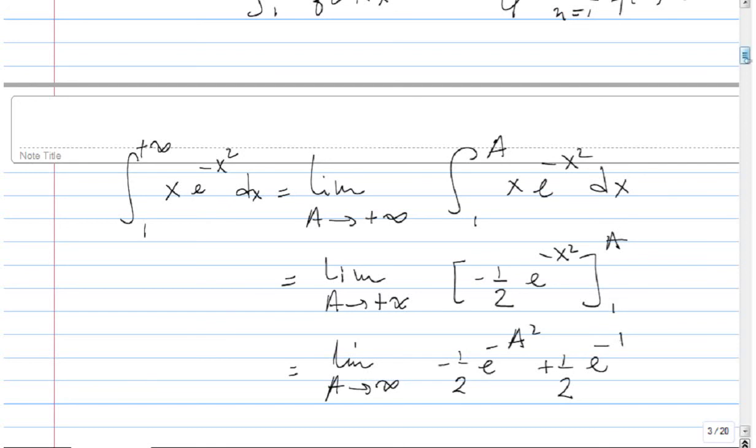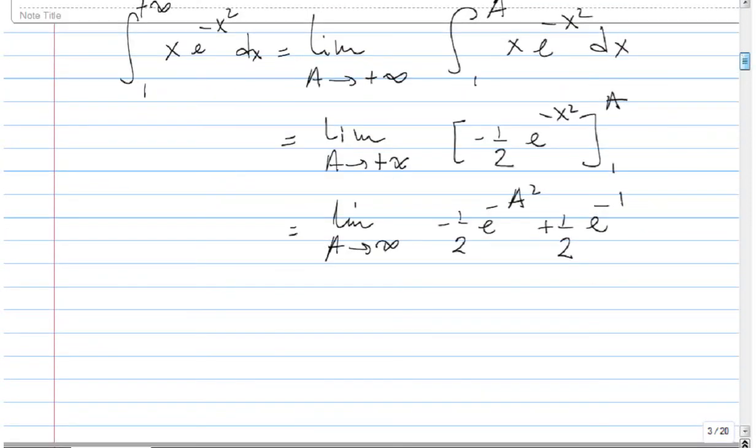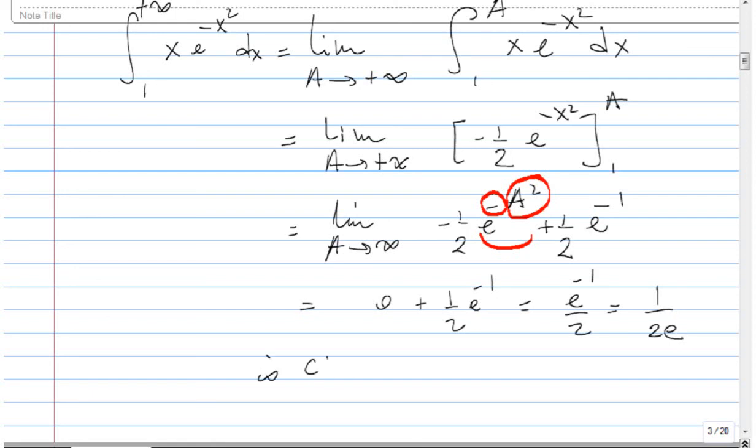Here the a² goes to plus infinity, we have a minus, so it becomes minus infinity, and e to the minus infinity is 0. So the limit will be 0 plus 1/2 e^(-1), or 1 over 2e. So the limit is a finite number, therefore the improper integral is convergent.